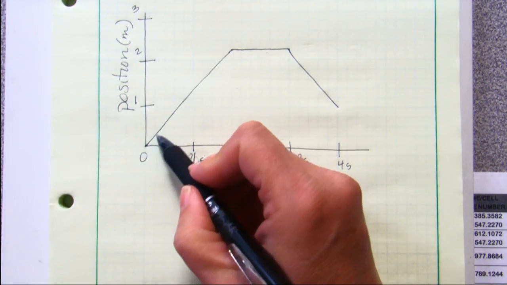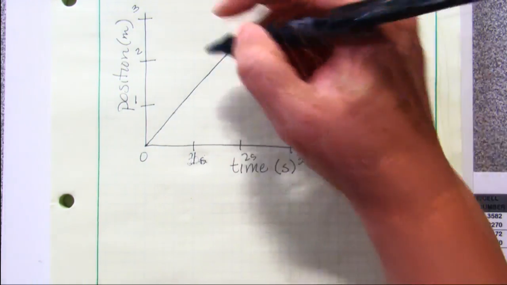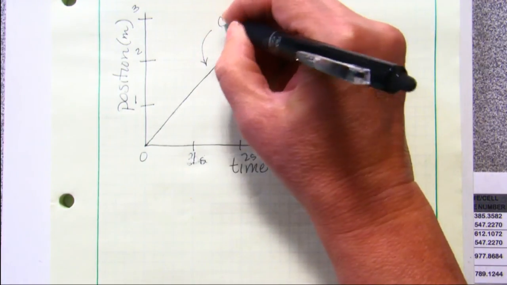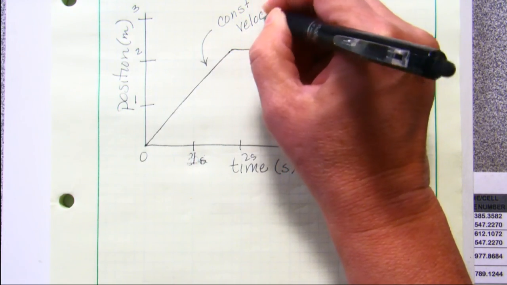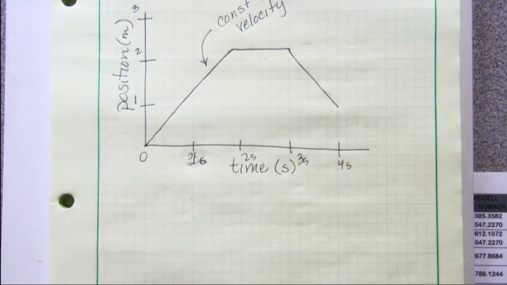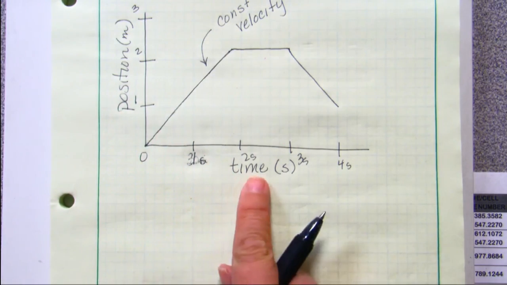Now, if it's a straight line, this is going to be a constant velocity. Straight line is going to tell me a constant velocity on a position versus time graph.